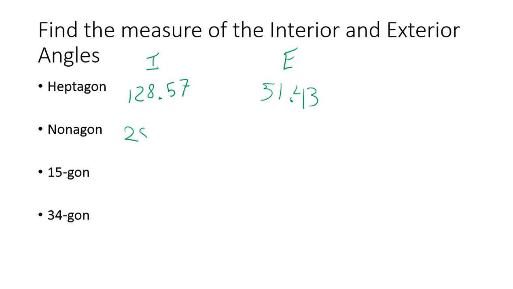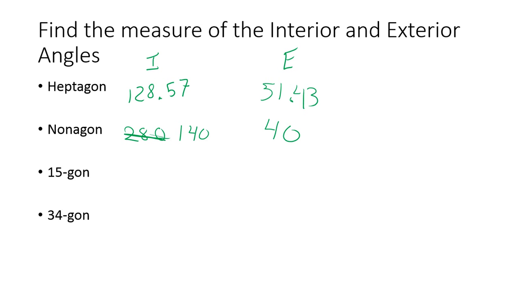So every angle in a nonagon is 140 degrees, which means that our exterior angles should end up being about 40 degrees each.